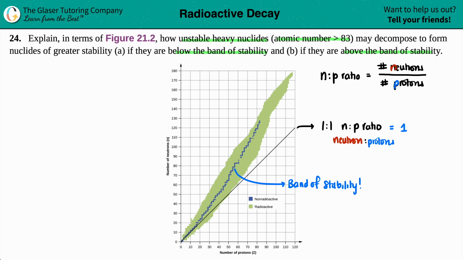But as we climb up the mountain, as we increase our number of protons, our atomic number, the band of stability strays away from a 1 N to P ratio. As you climb higher and higher, the N to P ratio naturally gets larger and larger. But we're not talking about big numbers.